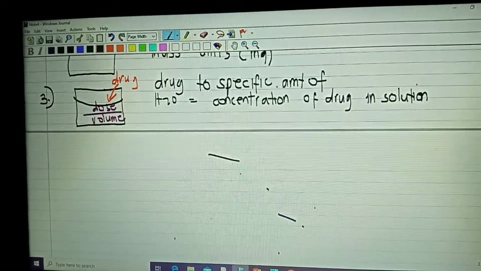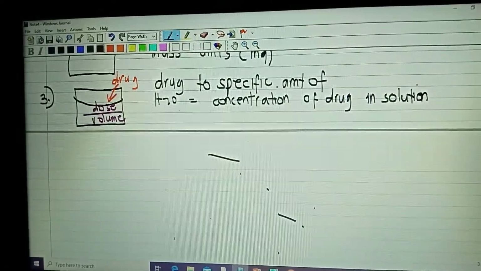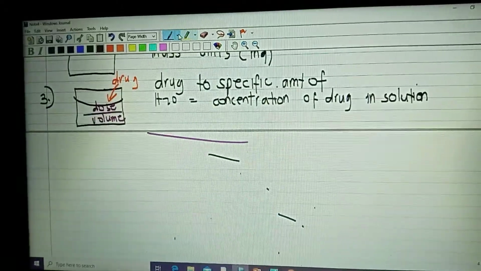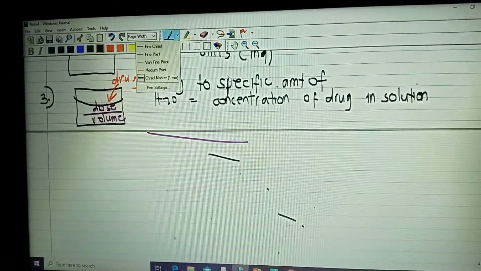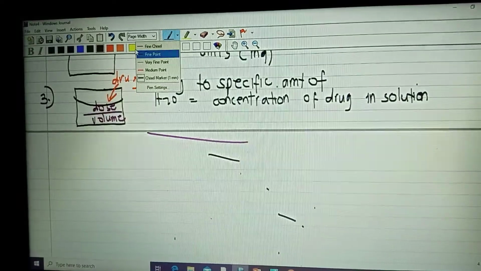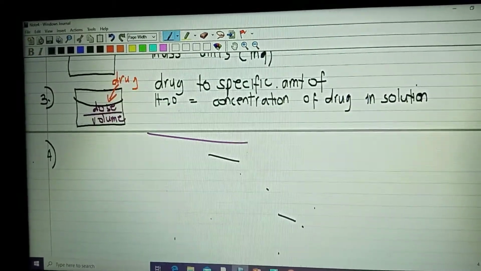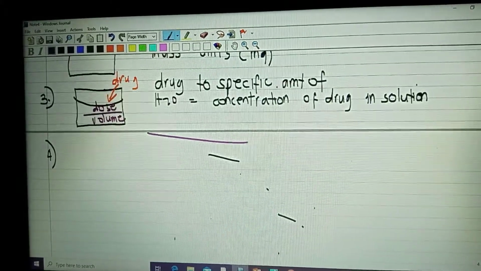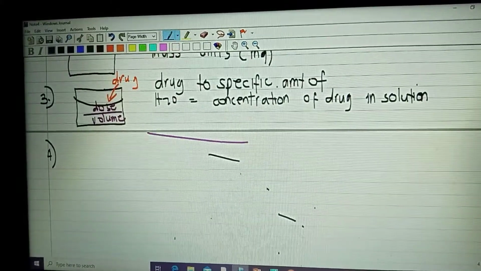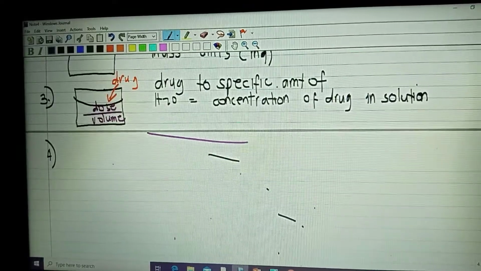Now, let me continue. In figure number 4, okay, just follow along, class. Look at your figure number 4. Here is any volume of water measured in liters.